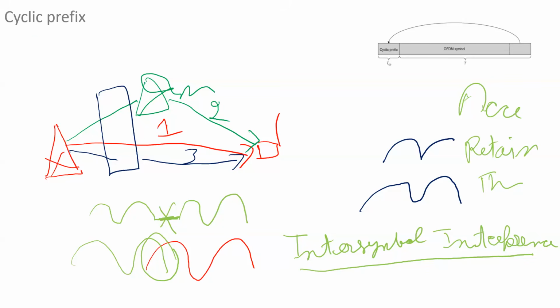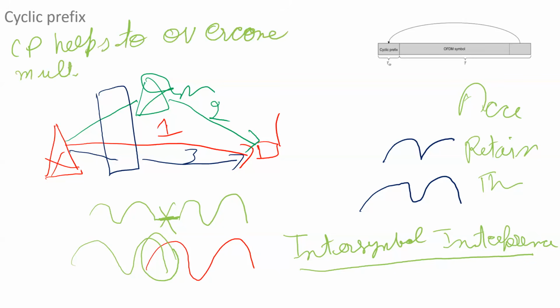So the cyclic prefix helps us to overcome multipath inter-symbol interference.